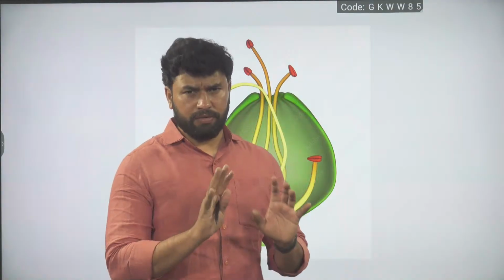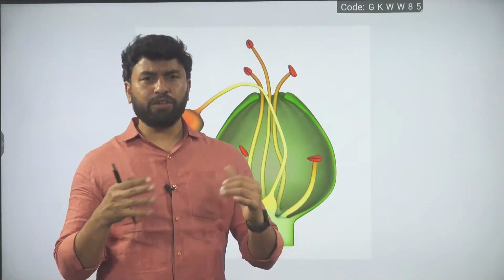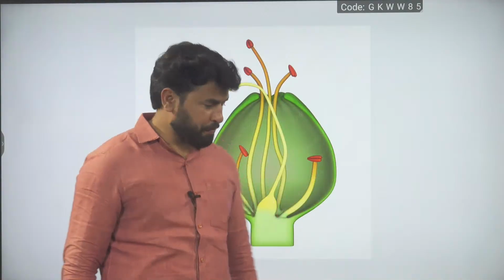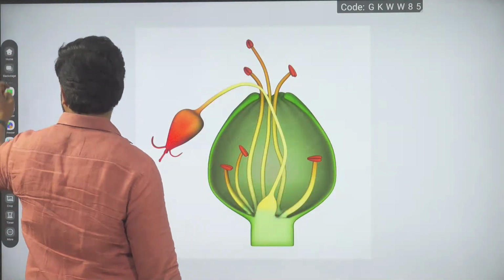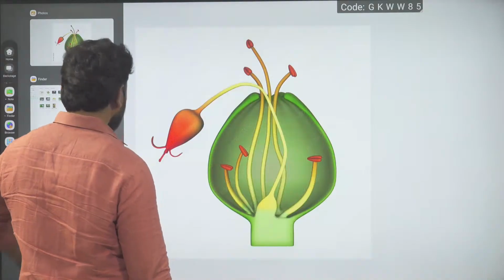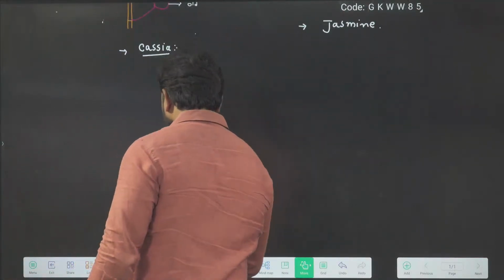It is like a single-flower-like inflorescence. That's about inflorescences. Don't go more than that. Even if you learn more than that, it would be unnecessary. Let us end with inflorescence types, then go to the major discussion, that is called the flower.